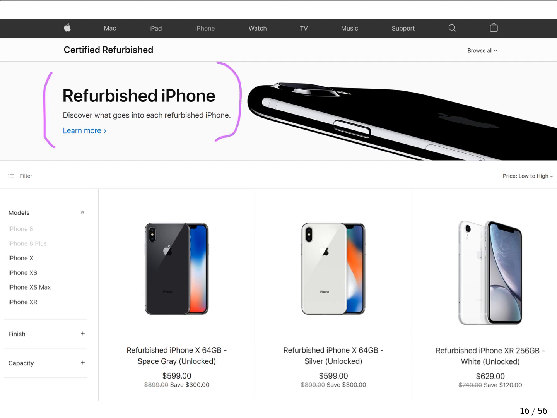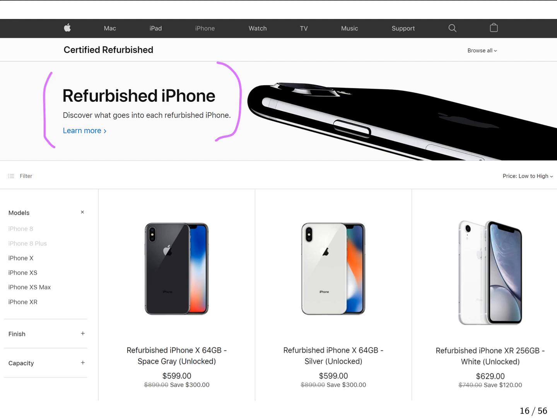Those are iPhones that have been used before, and Apple would reinstall the software, update the software, change the battery, maybe even change the screen, to make it look better and check the quality of the phone.